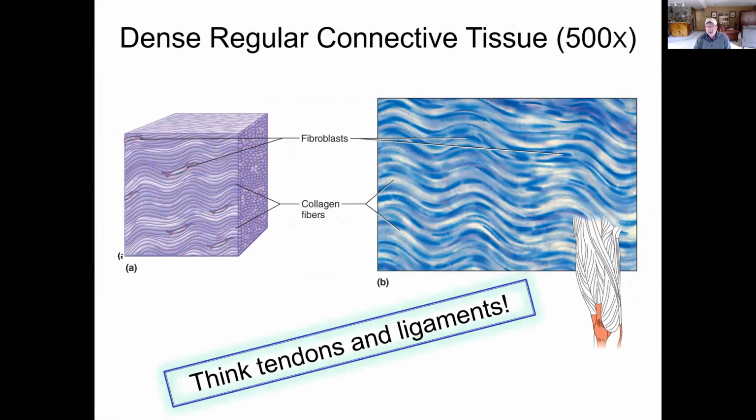Dense, regular connective tissue. We're going to talk in the next slide about what's called dense, irregular connective tissue. So what's the difference? Well, in the case of dense, regular connective tissue, look at the sketch the artist has made. We see some fibroblasts scattered around. But what are all these kind of wavy lines? Well, as it says here, collagen fibers.